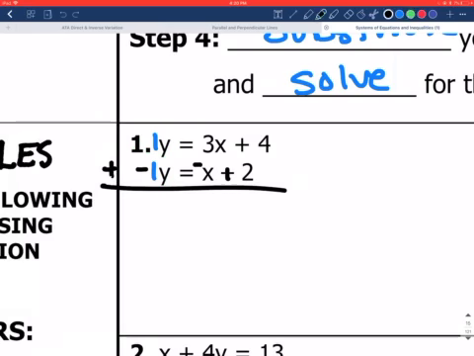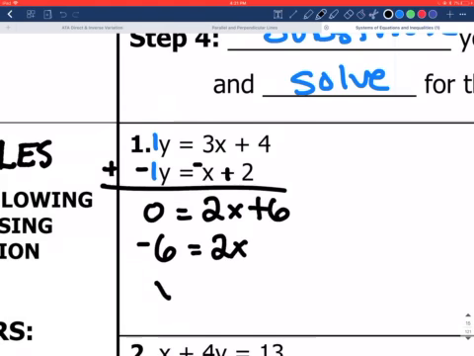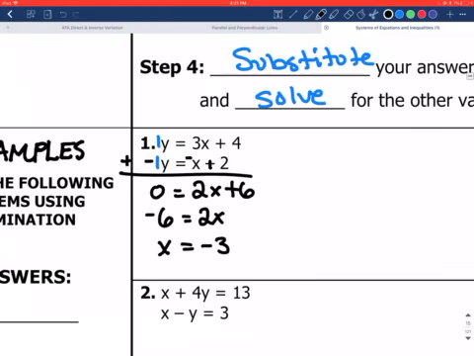On this side, we're just going to be left with 0 equals 2x plus 6. And we're going to solve for x here. So we would subtract 6 and divide by 2, and that gives me a negative 3. So this is a really quick and easy way to get straight to that first answer instead of having to substitute the x minus 2 in.